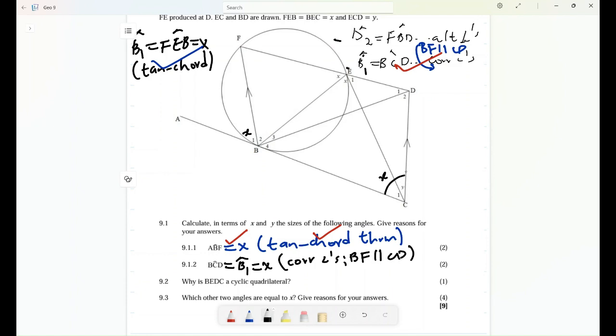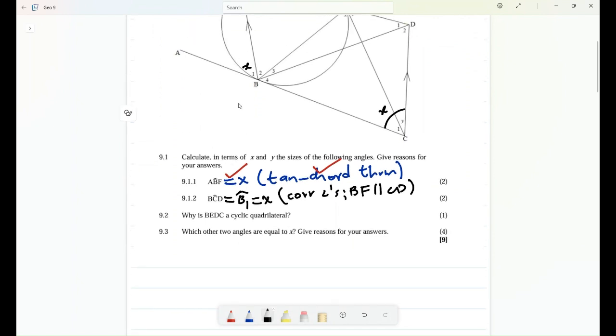Let me see, maybe there is something that I'm missing. In terms of ABF, I know it is equal to X, correct? Then this. All right, well, it is C1 plus Y, but it is X. All right, it's fine.